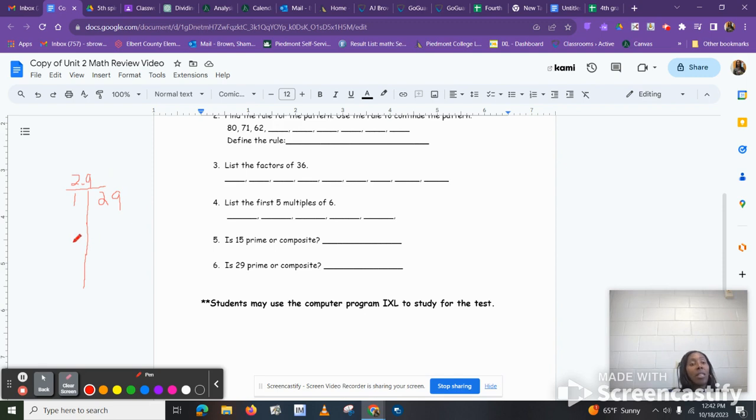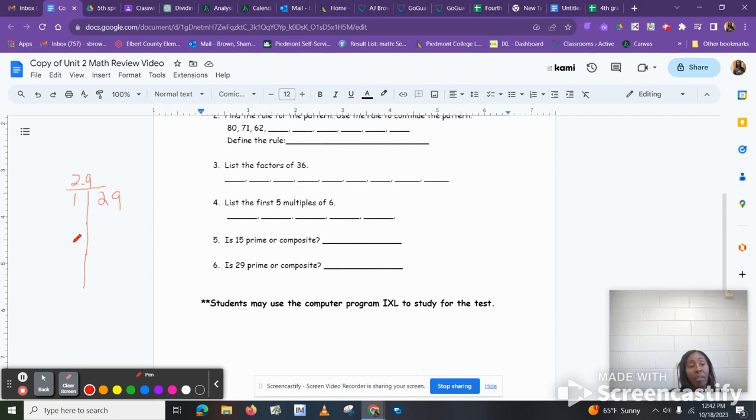What about 6? Well, I know that 6 times 4 is 24 and 6 times 5 is 30. So I'm not going to be able to get to 29 by counting by 6s.